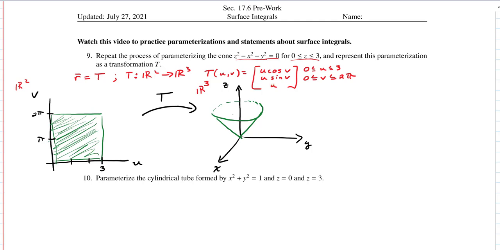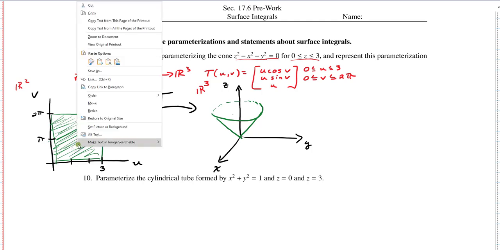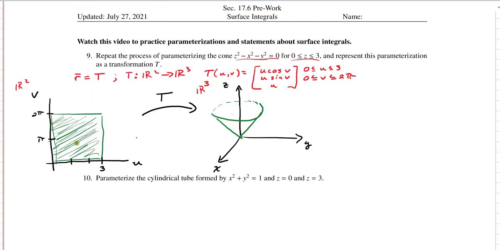I want to focus on how this transformation actually worked. The first thing I want to do is look at some point in this domain space, and I'd like to look at the point (3/2, pi/2). That would be this point right here approximately. There's the ordered pair, 3/2 comma pi over 2.